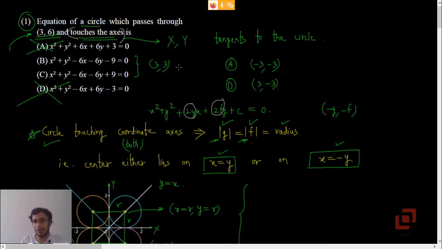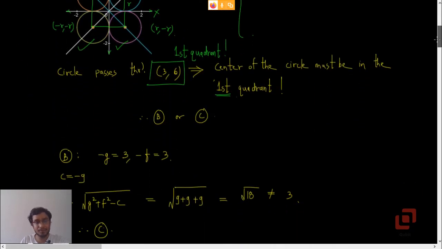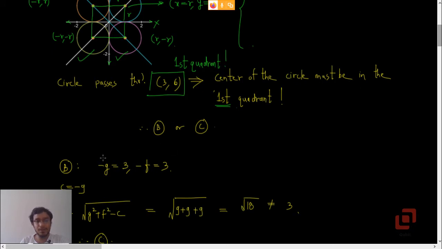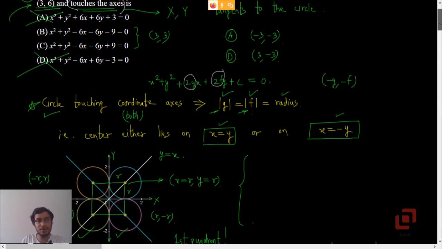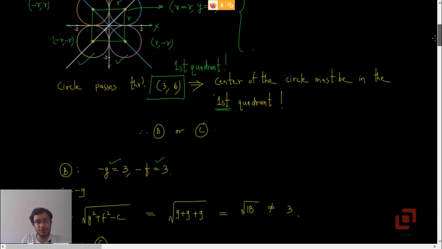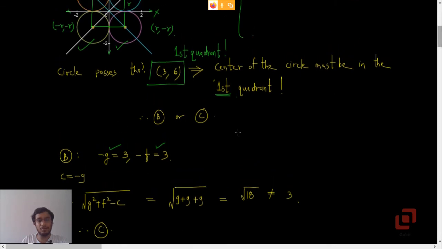Okay, so I have done it for B. Let us see. For option B, negative g is 3 and negative f is also 3. Now what is c, the constant term in option B? c is negative 9. How do we find the radius of any circle from its general form?